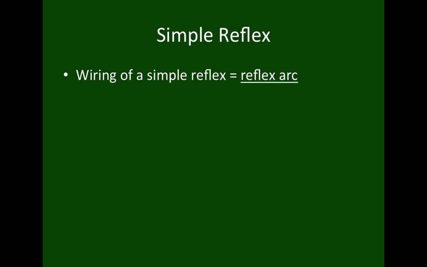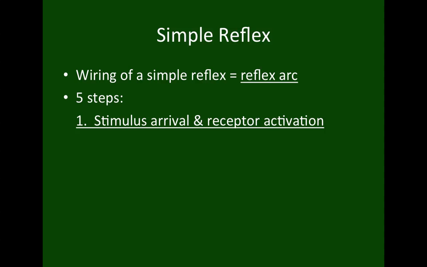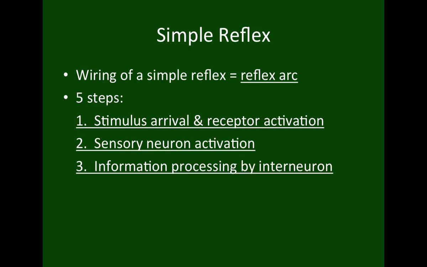The first one is a simple reflex, and sometimes the wiring of the simple reflex is referred to as the reflex arc. So we have 5 steps in a simple reflex: stimulus arrival and receptor activation, the sensory neuron activation, information processing by an interneuron.